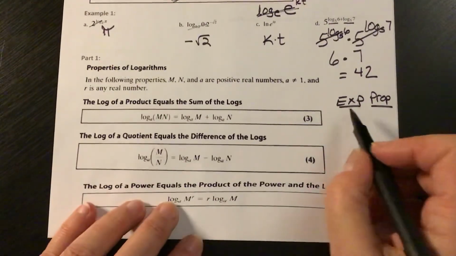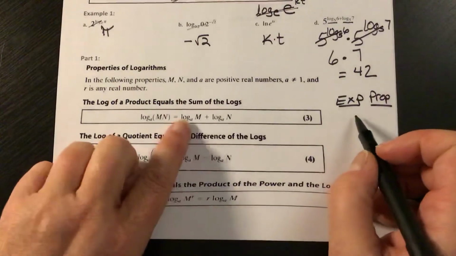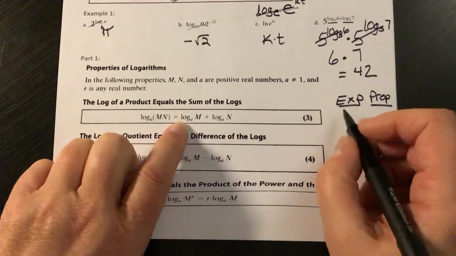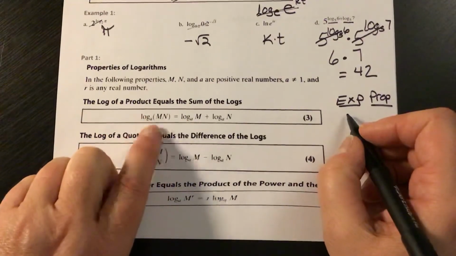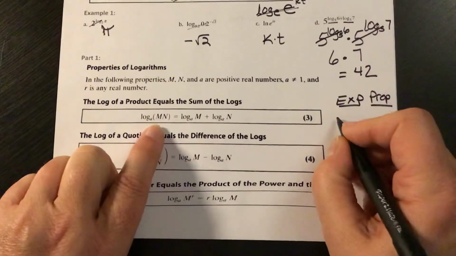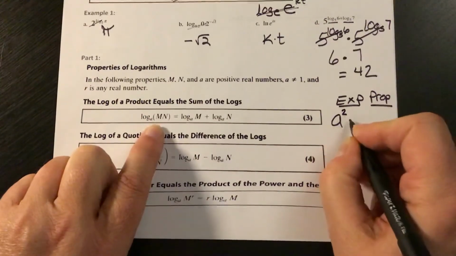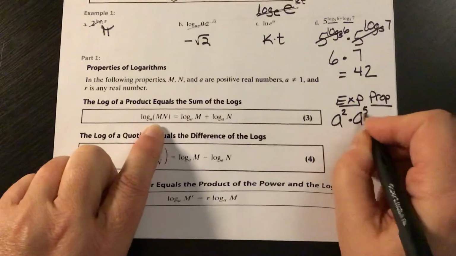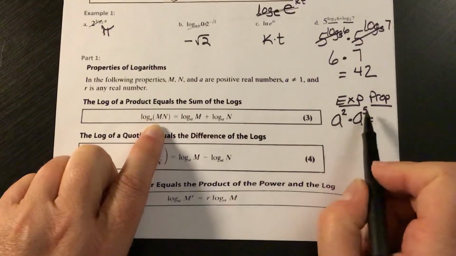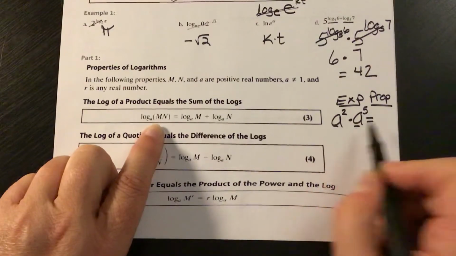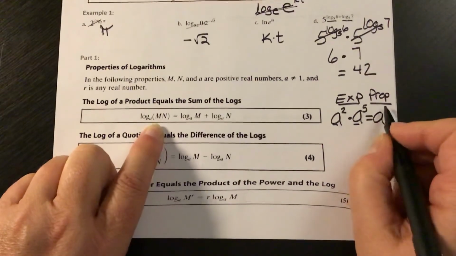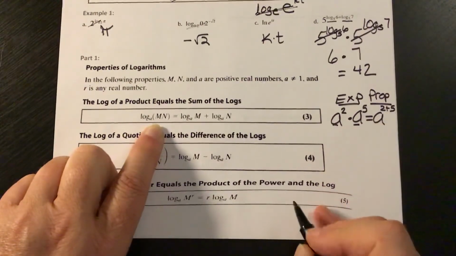And if I think about exponent properties where I have the same base, and that's what this is indicating here, like a to the second times a to the fifth, the rule is I'm going to add my exponents together because I have the same base. So this is a to the 2 plus 5 power.